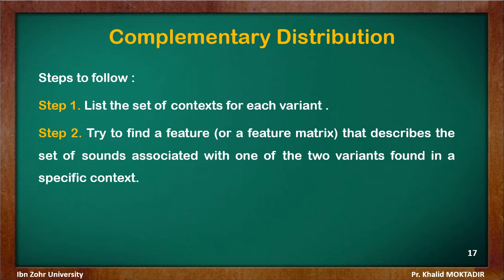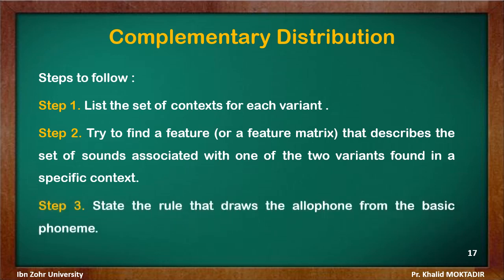If you can specify the context using a single feature matrix, then you have laid your hand on the right solution. Step 3 is where you state the rule that specifies how you derive the allophone from the basic phoneme. In other words, here you will have to go back to the elsewhere condition principle and apply it to one of the two variants, and so you can determine which one is the basic form and which one is the allophone.